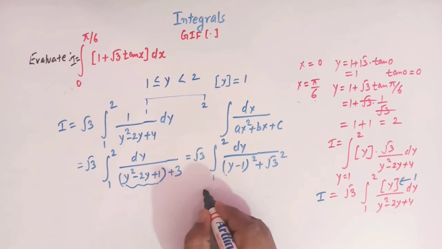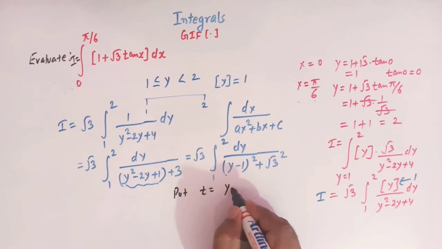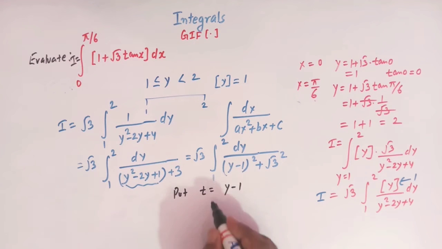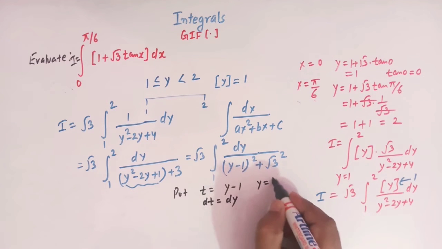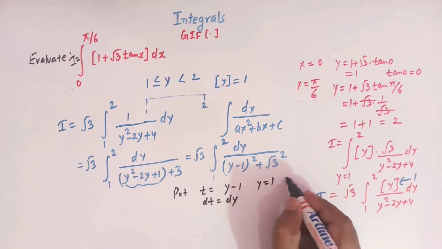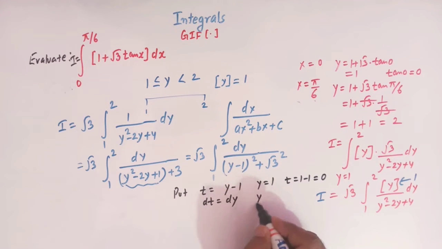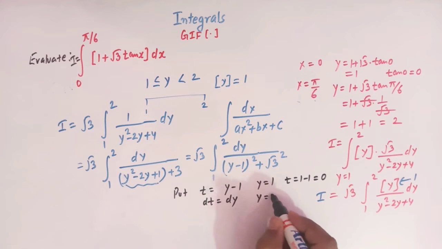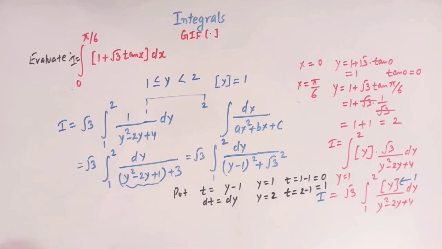So what we will do, we'll take t is equal to y minus 1, right? So when t is equal to y minus 1, dt is equal to dy, and when y is 1, t is equal to 1 minus 1, that is 0, and when y is equal to 2, then t is equal to 2 minus 1, that is 1, right?